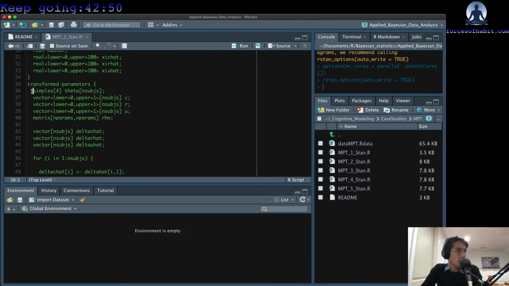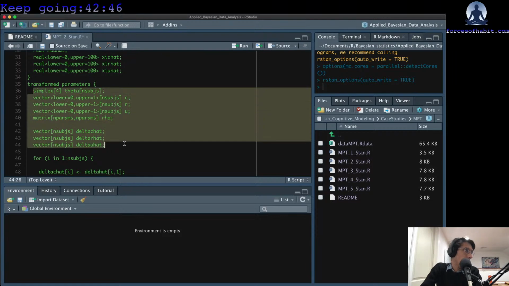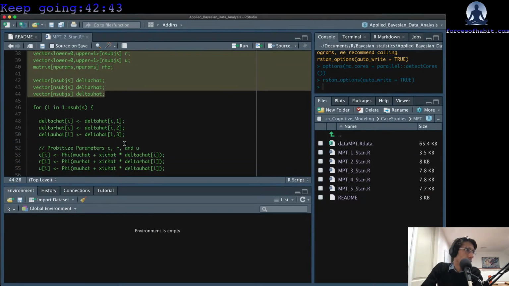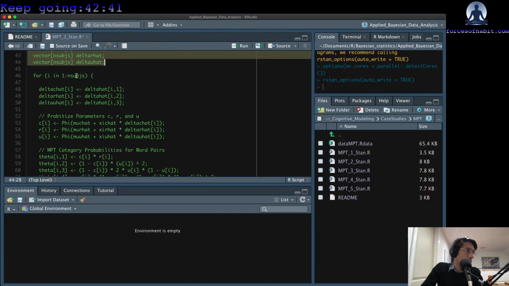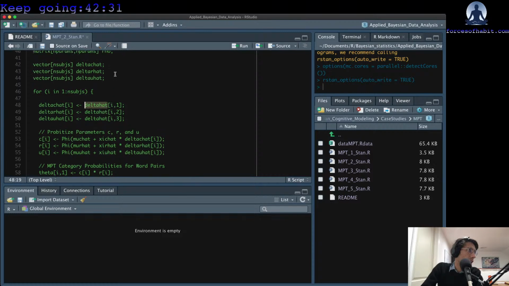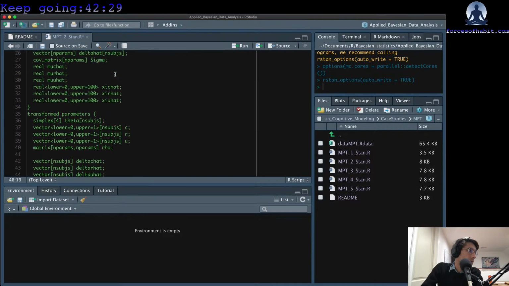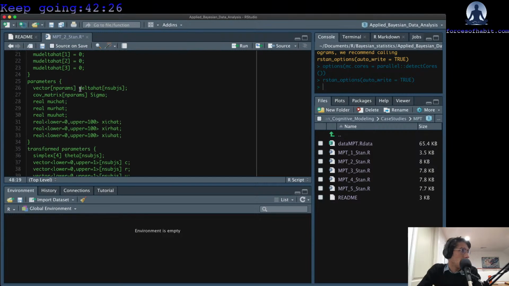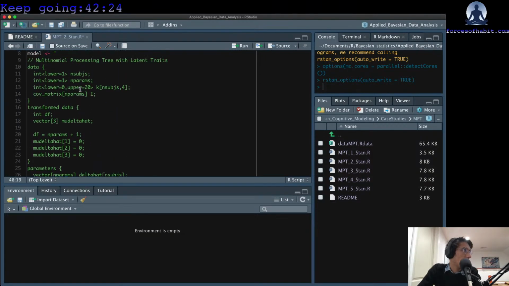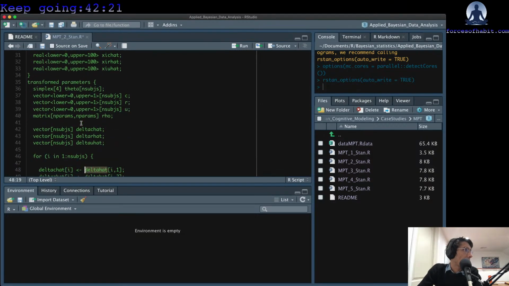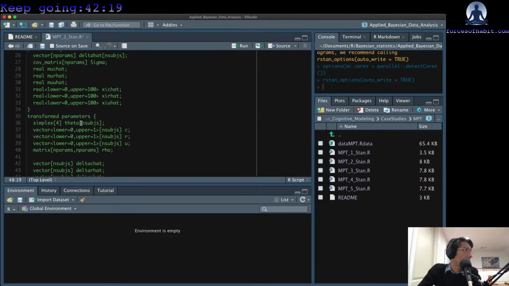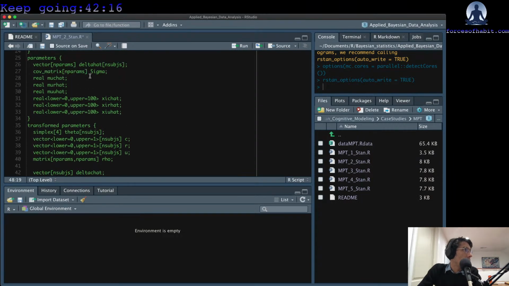Okay, so this is just, I see why I'm looking above and not seeing them. These are just creating the containers, right, for the transformed parameters, one for each subject. Delta hat at that subject is going to be equal to delta hat, which we specified here.